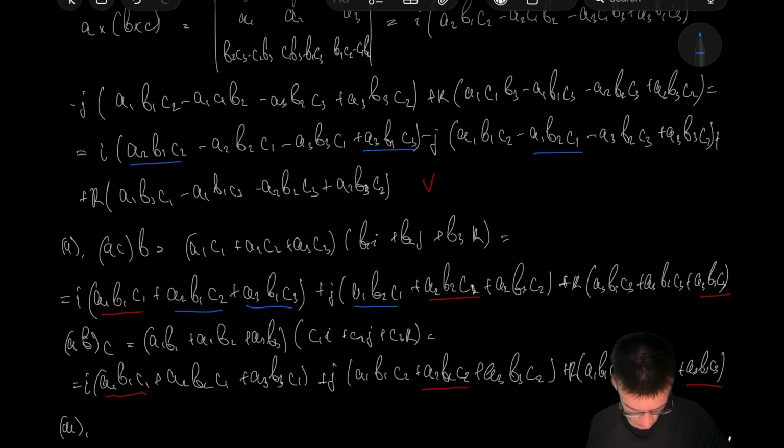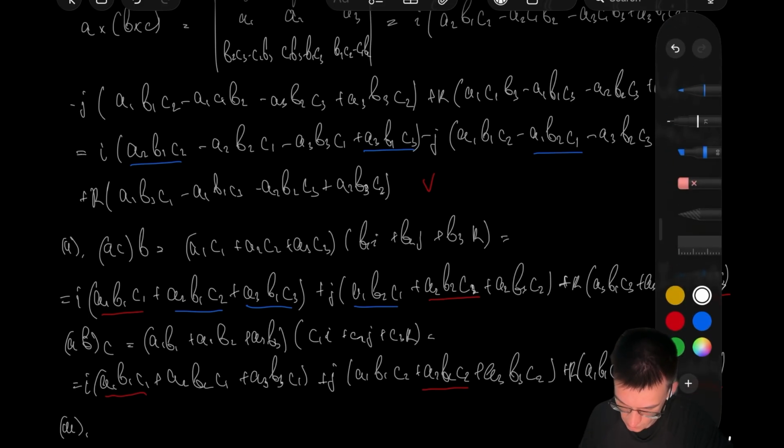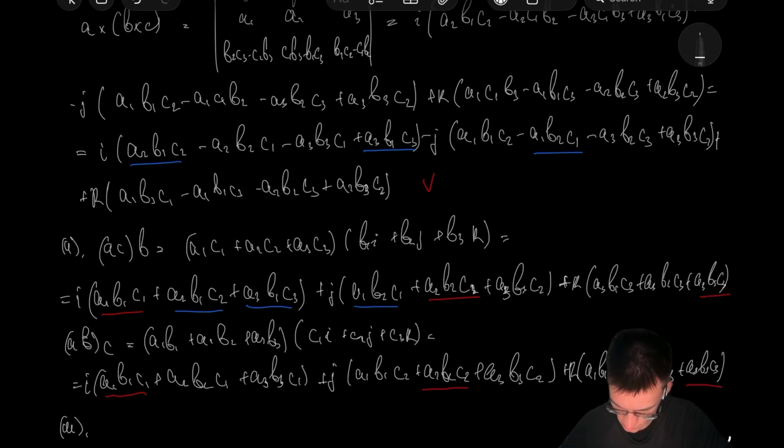A3, B2, C3, A2. Okay, so it looks like there is a typo here because A2. I believe that should be A3. Yes, that should be A3. This is a typo. Should be A3, B3, C2. It is actually the negative term, but I believe that should be the positive one.